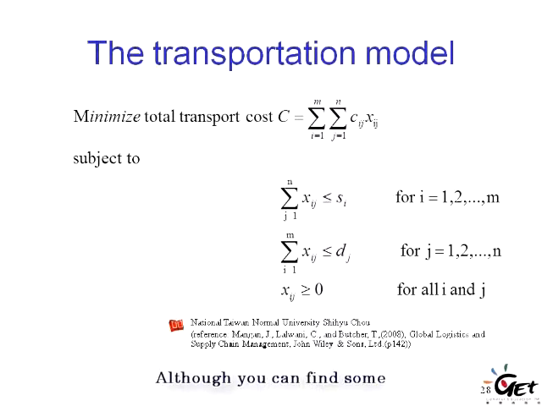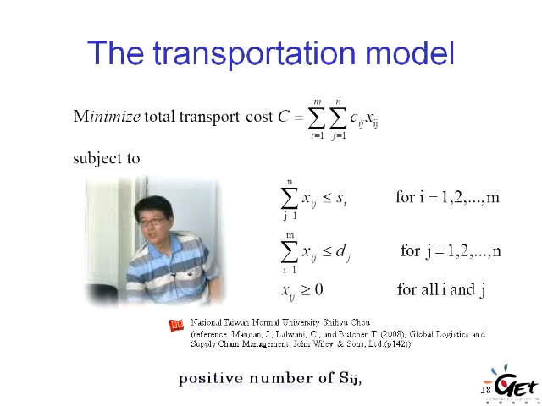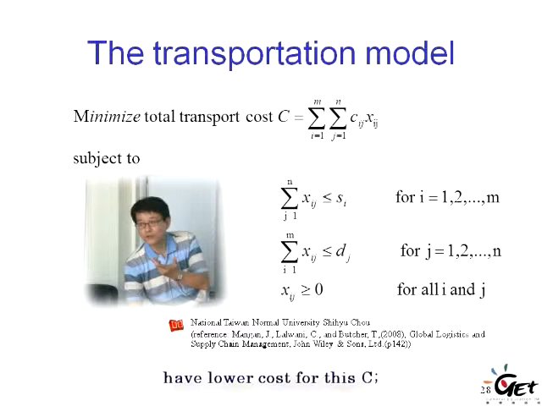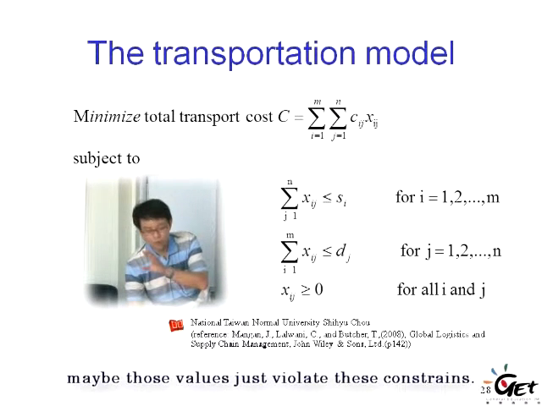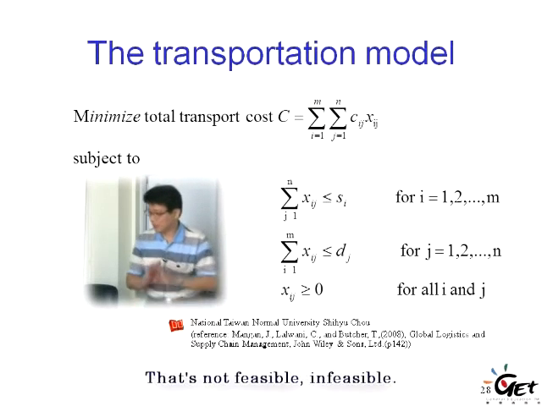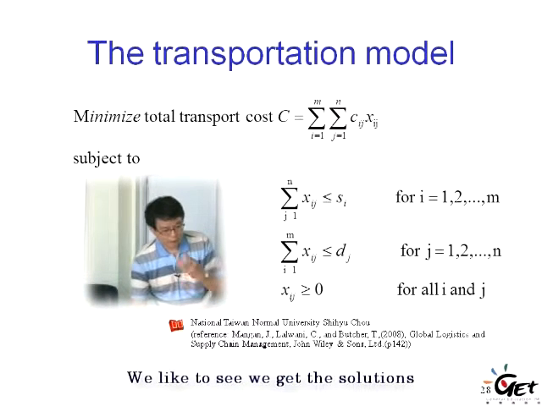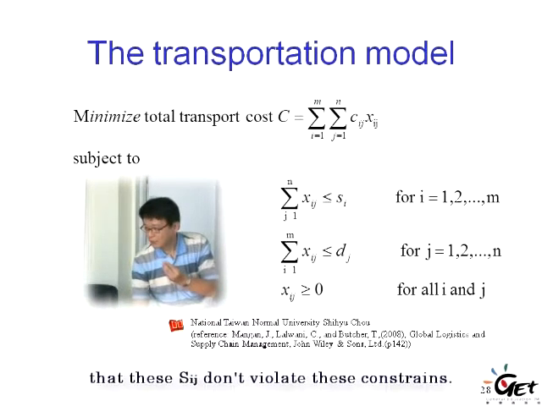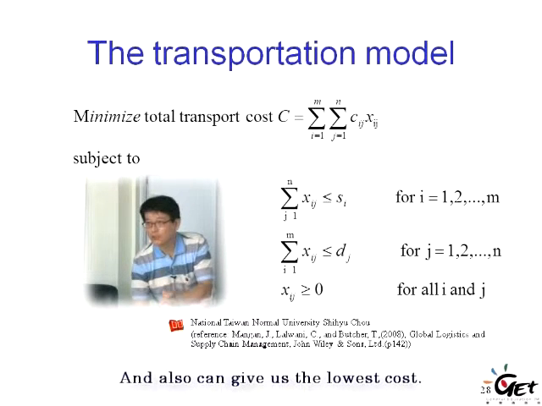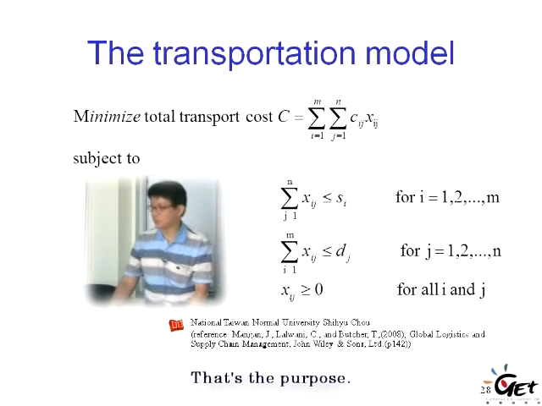Although you can find some positive Xij values that give a lower cost, maybe those values violate the constraints, so that's infeasible. We want solutions where the Xij don't violate the constraints and also give us the lowest cost. That's the purpose.